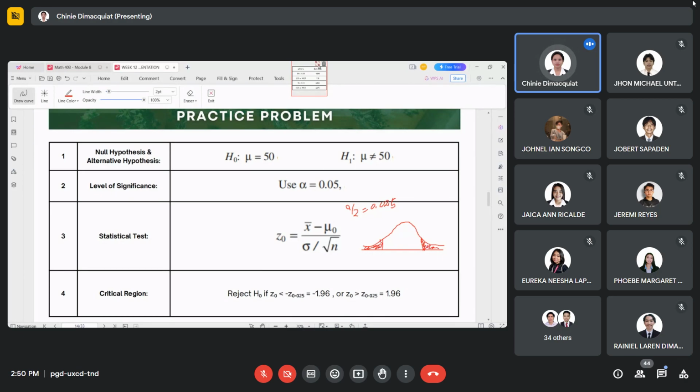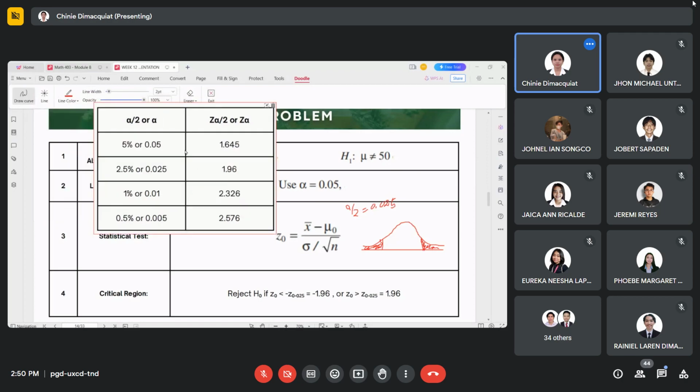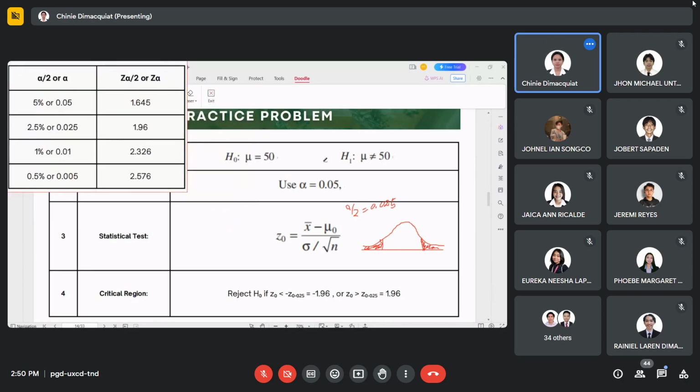So, magbase tayo dito sa ating table. Ayan. So, 0.025, and yung corresponding z alpha over 2 niya ay 1.96. So, 1.96 dito sa kanan and negative 1.96 dito sa kaliwa. No. And itong gitnang to, ito yung ating acceptance region.